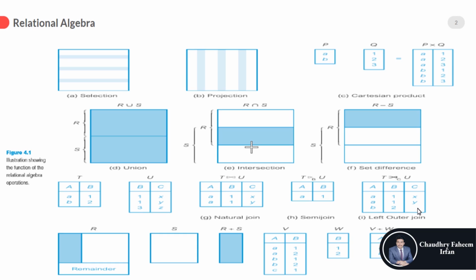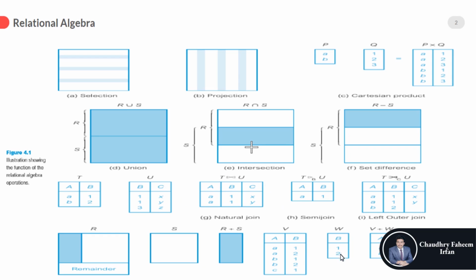So in the division operation, R division S, we are going to select a record which exists in all the tuples.